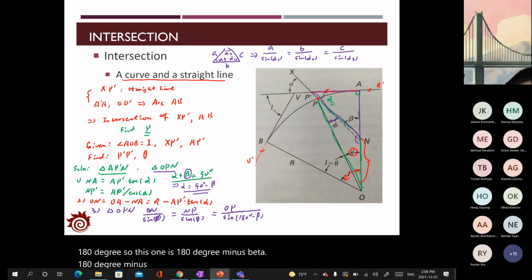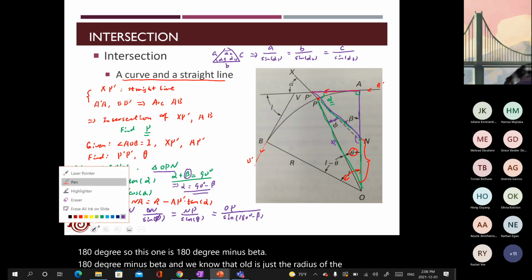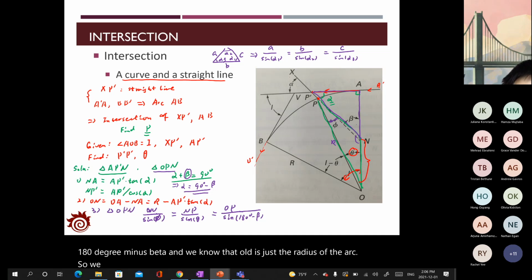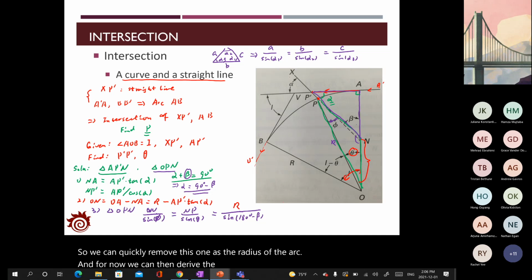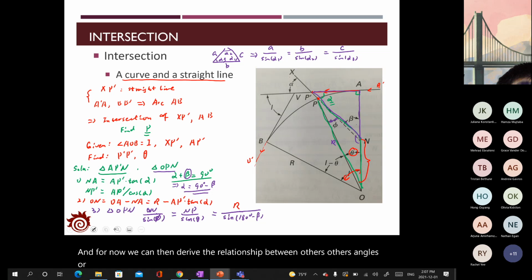And we know that O to P is just the radius of the arc. So we can replace this with the radius of the arc. And now we can derive the relationship between all those angles.